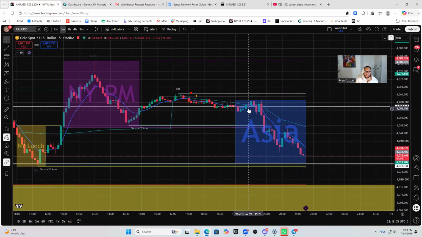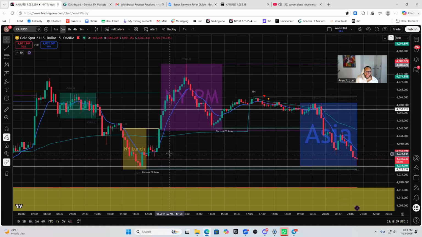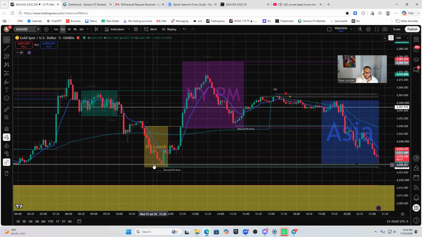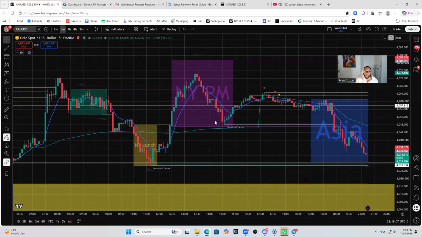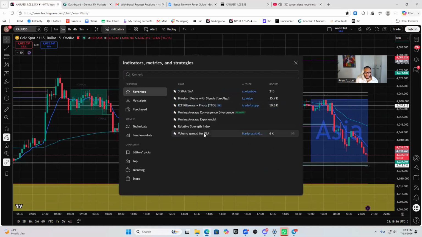If you're outside of these sessions, you get more volatility and price action whenever you close above or below a session high or a session low. The indicator is called the ICT kill zones, and it's one of the indicators I use to trade right now.